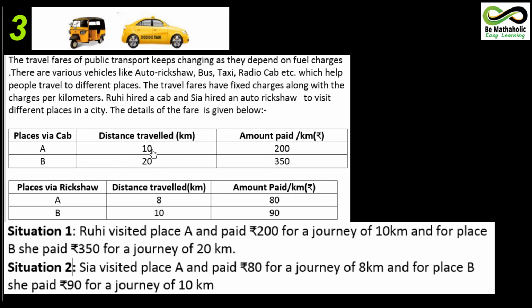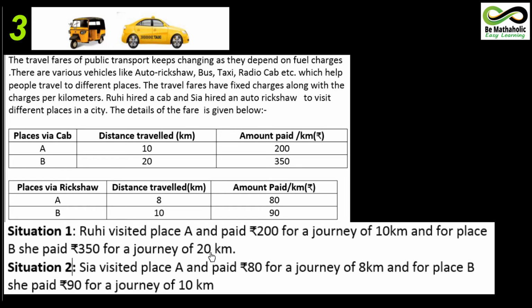The table here is showing the distance traveled and the amount paid when Ruhi took the cab and visited 2 places. Similarly, Sia has visited 2 different places and paid these amounts. So situation 1 and situation 2 are given here: she visited place A and paid 200 rupees for a journey of 10 kilometers, and for place B she paid 350 for a journey of 20 kilometers.